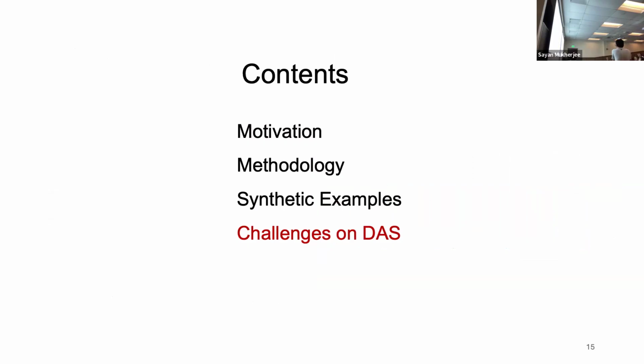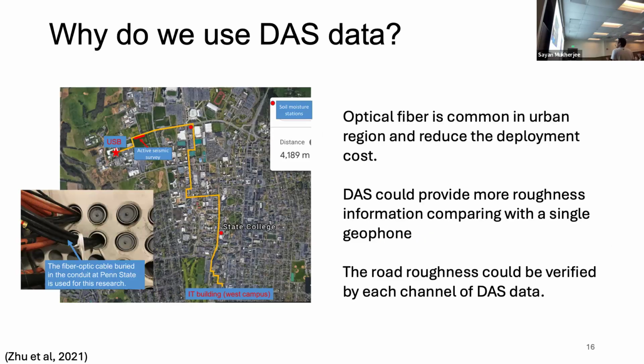We tried to apply our method to the DAS data, but until now we haven't gotten an ideal result. I will just show some challenges on the DAS data. The first question is, why do we use DAS data?